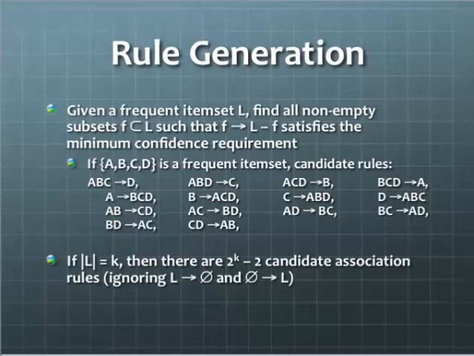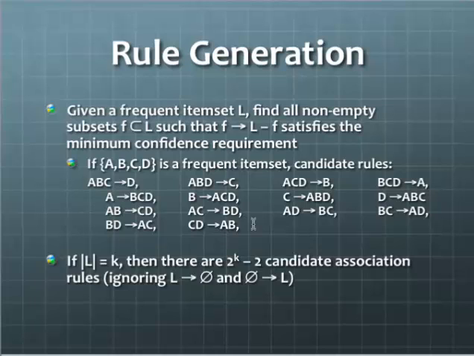For example, given a frequent item set L, the item set can be partitioned into F and L minus F, such that F to L minus F satisfies the confidence threshold. For example, if ABCD is a frequent item set, there are 14 association rules that can be generated from it.